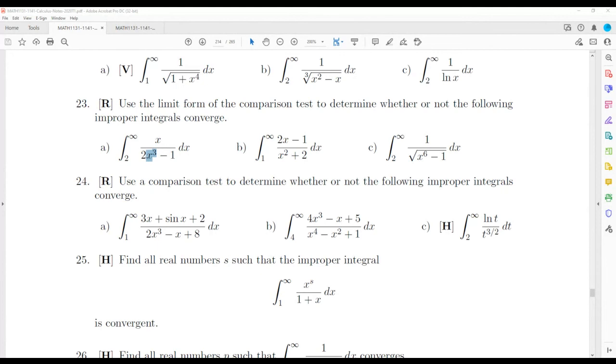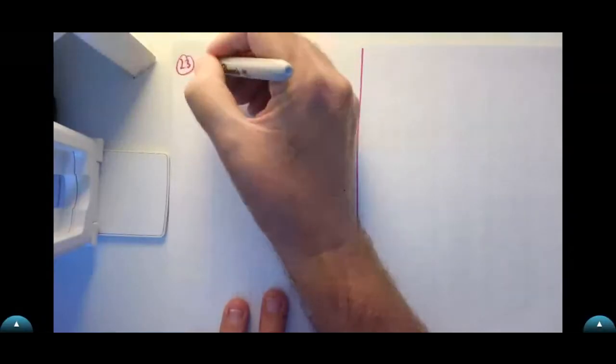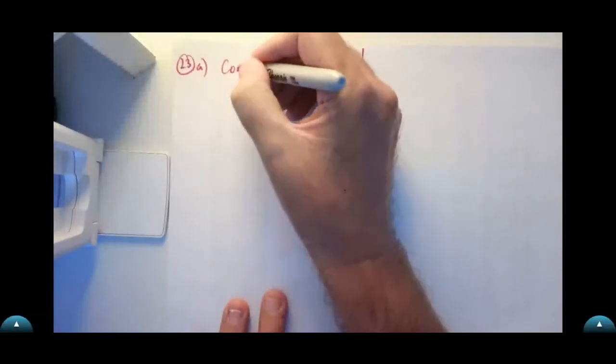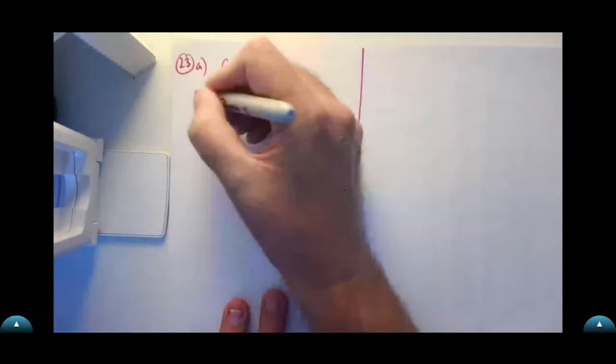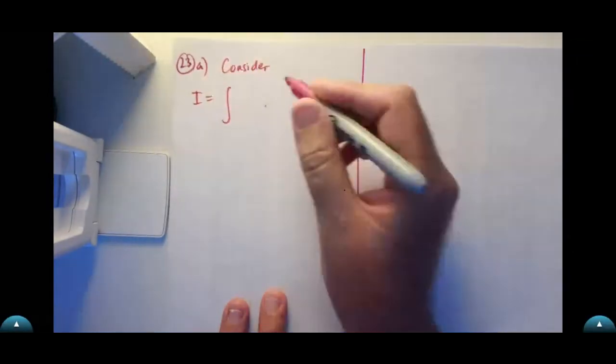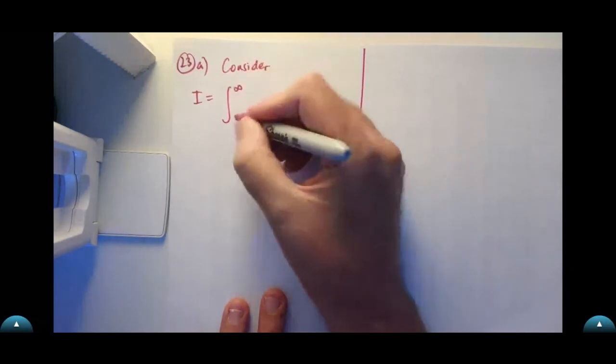Let's have a look at how we might do this on paper. All right, so this is 23a. So consider I equals this integral here.